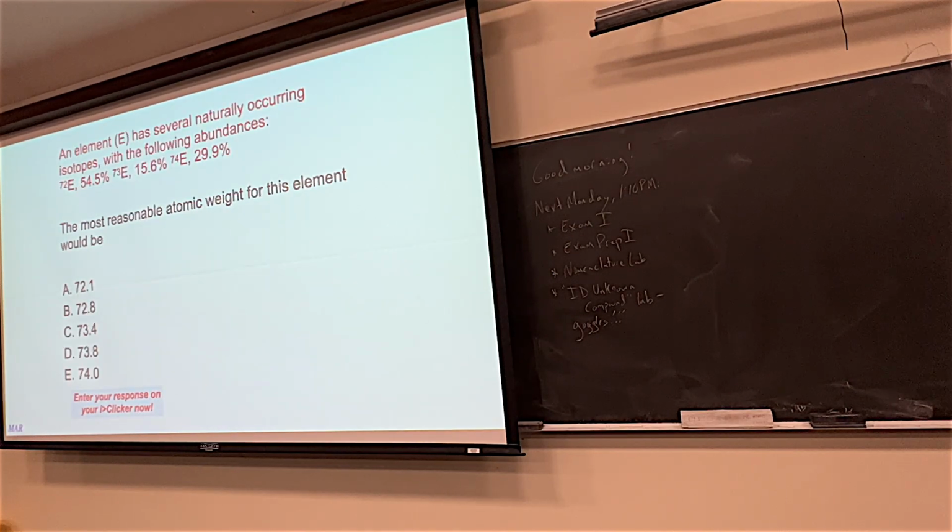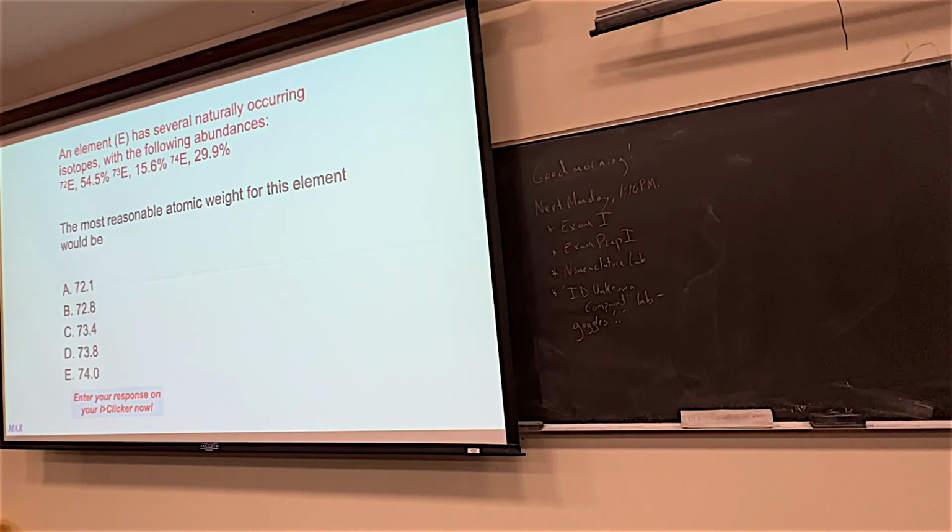The other number on the periodic table, the molar mass, atomic mass, whatever you want to call it, is going to be more useful to us, definitely. And we need to talk a little bit more about how those numbers pop up, because they're all based on statistics. So imagine you have some element E, and the mass numbers there are 72, 73, 74, and these are the relative percentages.